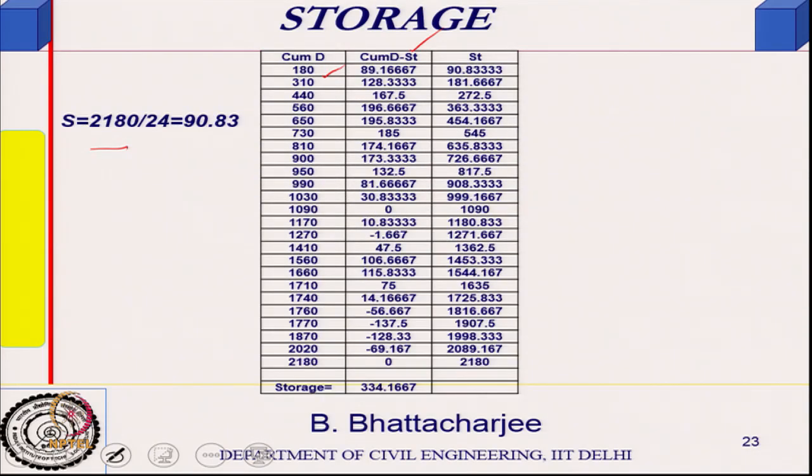And S into T, where 90 is the supply rate, is 90 in the first hour, and in the second hour it will be double of that, because it is constant, so 181, etcetera. So, I am finding out the difference, 180 minus 90, and this is the difference.